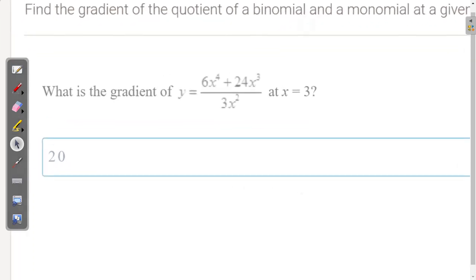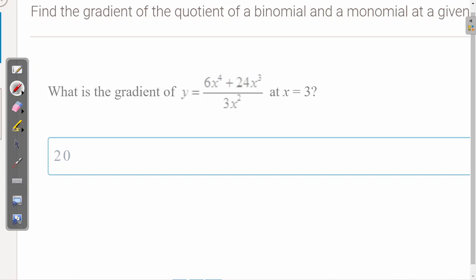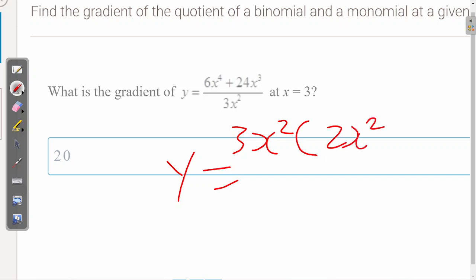Okay, for this, before you do the derivative for the gradient, you need to simplify this. y equals, you can factor the top by 3x squared, so 3x squared, open bracket, 2x squared plus 8x, all of it over 3x squared.